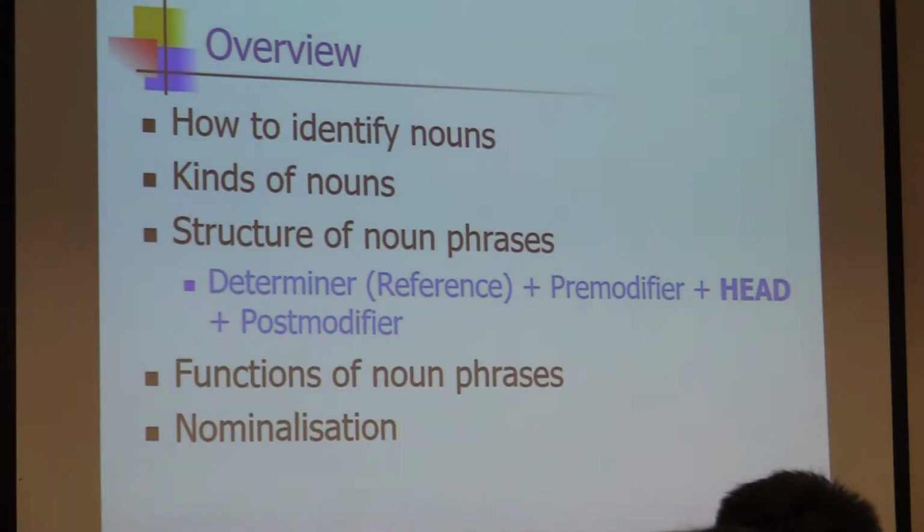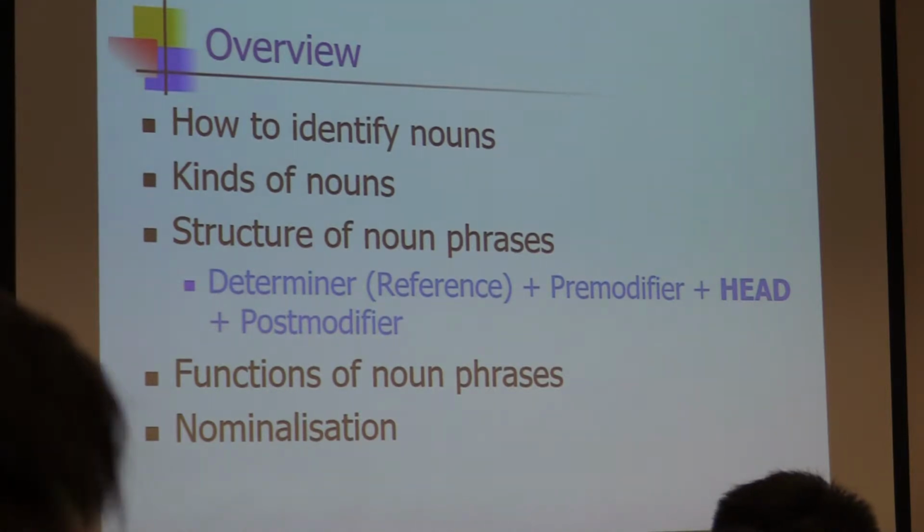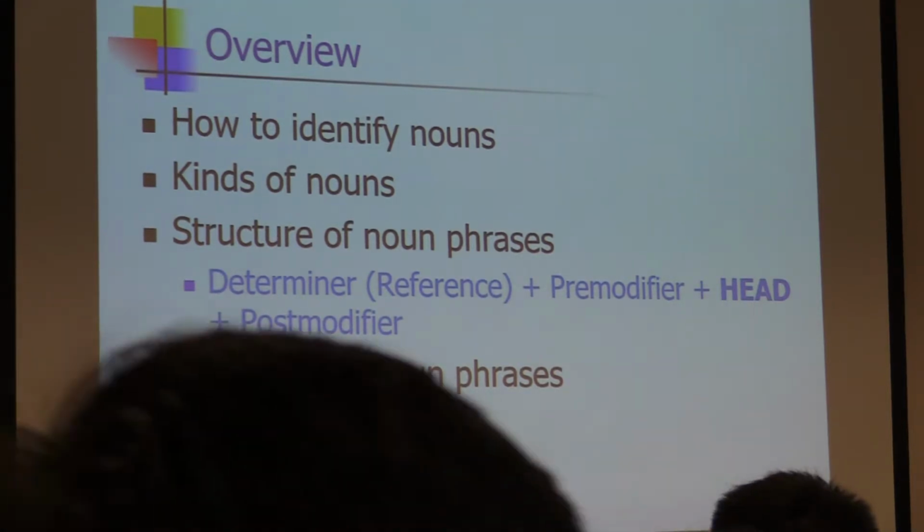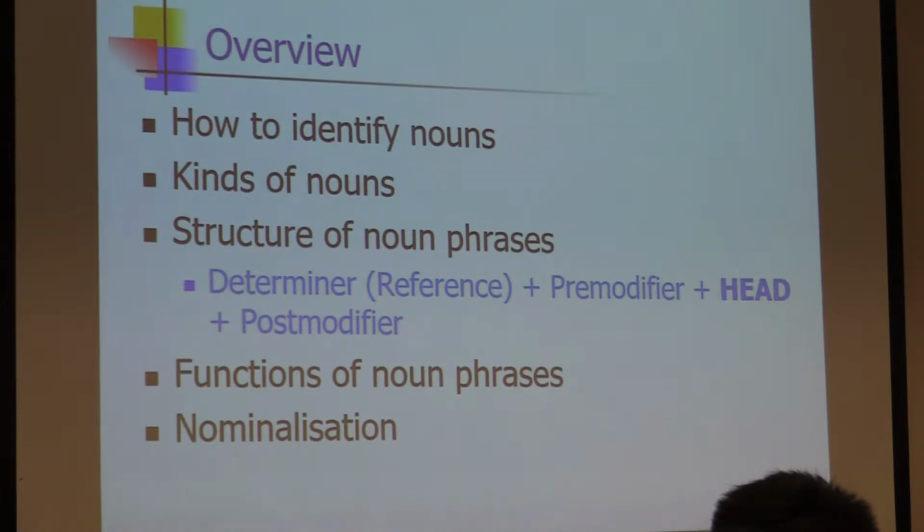So usually the articles used for the new information are a and an. Then the definite reference is the. Apart from these two major kinds, we also have a kind of reference that refers to the whole class. What do we call it? Not general, but generic. The generic reference.